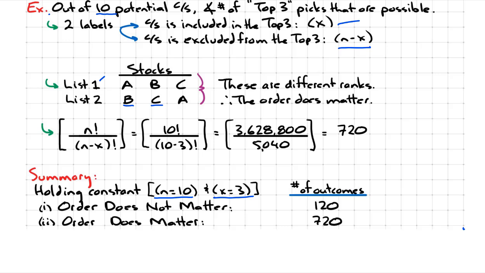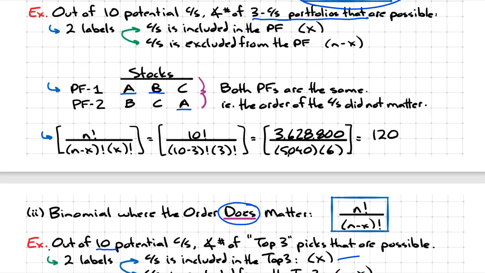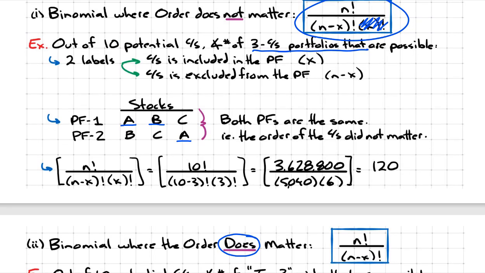But you'll notice that when the order did not matter, there were 120 possibilities. And you can see that by going back to that example very quickly: even though we have two separate portfolios, it's the same portfolio.